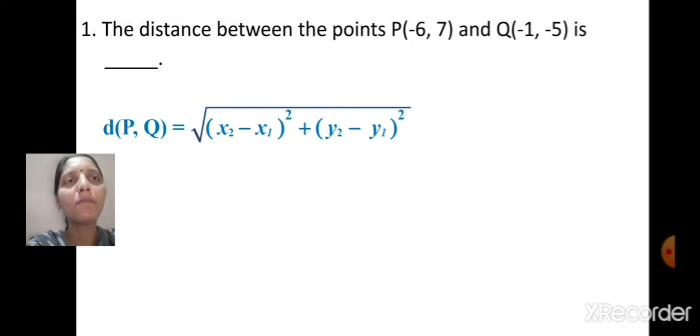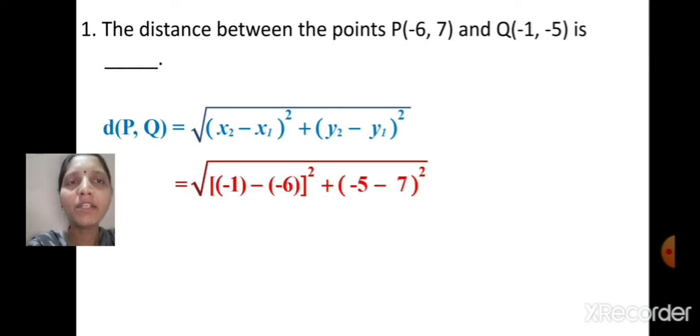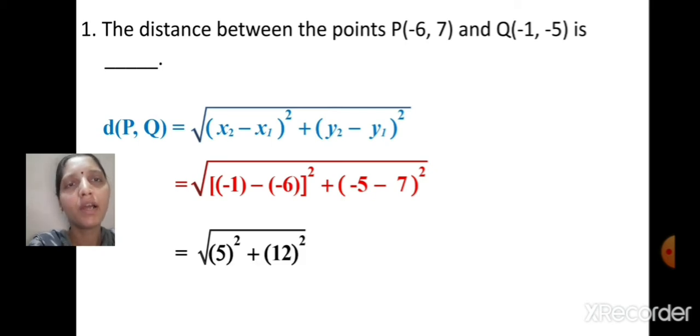Let's consider P has coordinates (x1, y1) and Q has coordinates (x2, y2). So accordingly you are going to substitute the values here. So you will get the square root of (-1 - (-6)) square plus (-5 - 7) square. If you solve this, you will get the square root of 5 square plus 12 square.